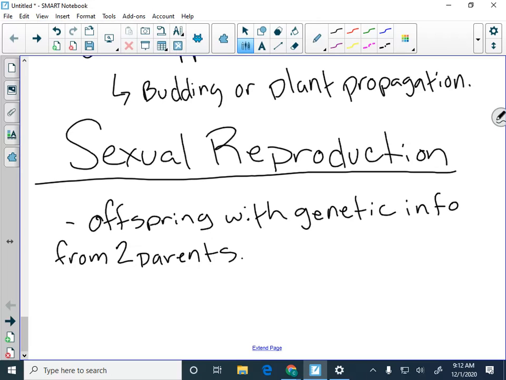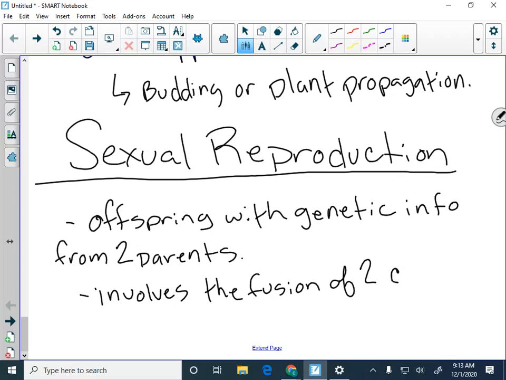How animals, how a lot of plants, and some unicellular organisms get around. This involves the fusion of two cells. So when it comes to people, egg, sperm, they fuse, zygote. That's going to become eventually its own organism. In plants, pollen, egg, same thing.